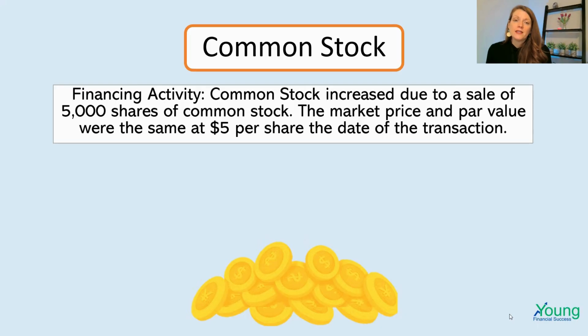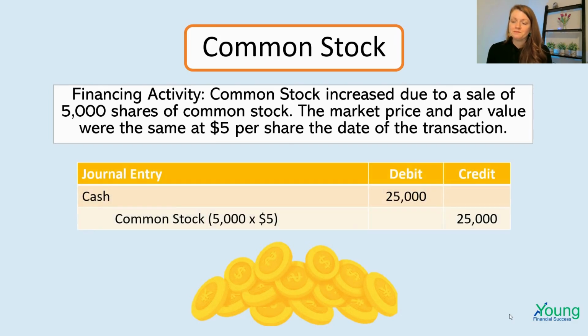The market price and par value were the same, made it a little easy, at $5 per share on the date of the transaction, and that is letter G under additional information. So if we have 5,000 shares times $5 each, we increased cash under financing activities, and we also increased our common stock by 25,000, which you see reflected in the comparative balance sheet.